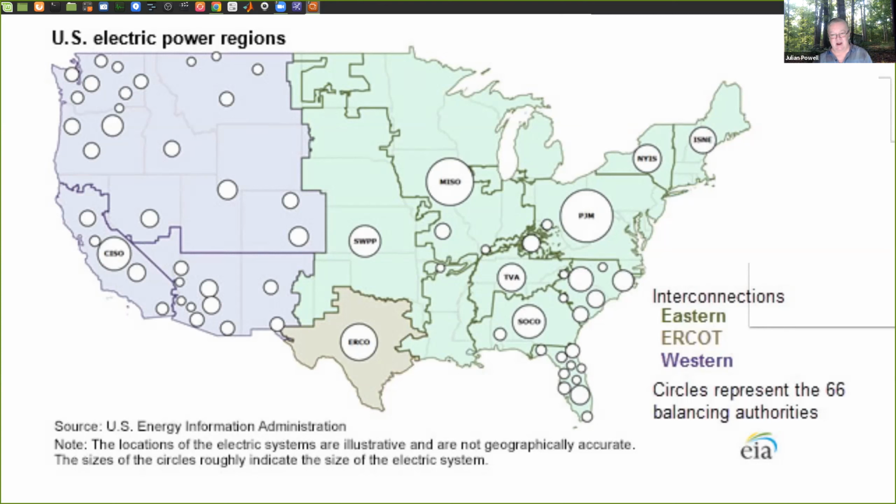So Georgia Power would then need to go running up to either the Mid-Continent Independent System Operator or the Southwest Power Pool, because the wind resources are really good up here. But it's also far from the demand.